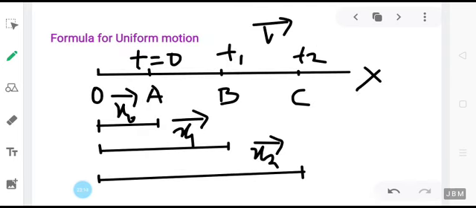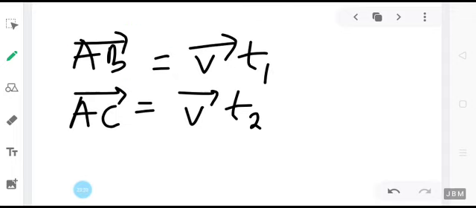Again, refer to this picture, you can see OB is equal to OA plus AB, and OC is equal to OA plus AC.